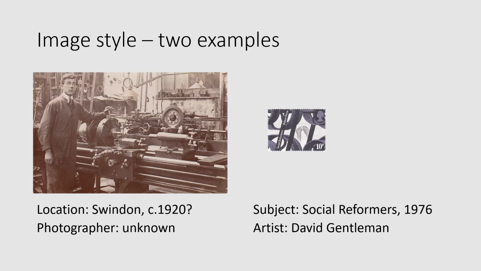But the beauty of this design is when you see it not singly, but as a complete sheet of stamps. And you can see here how the belts and the rollers are combined to give this magnificent effect.